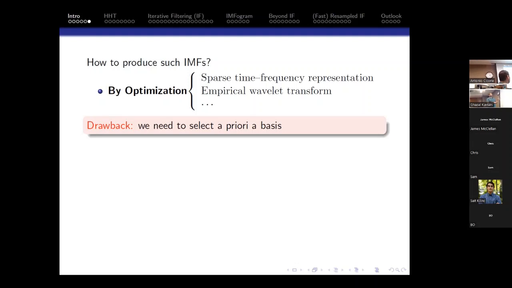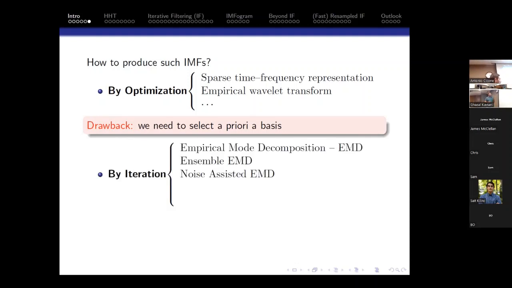And then there is the other group, which is techniques based on iteration. Among them, there is the pioneering empirical mode decomposition, which is the method proposed originally by Huang and collaborators. After that, other techniques which are variations on empirical mode decomposition have been proposed, because that technique dates back to 1998.